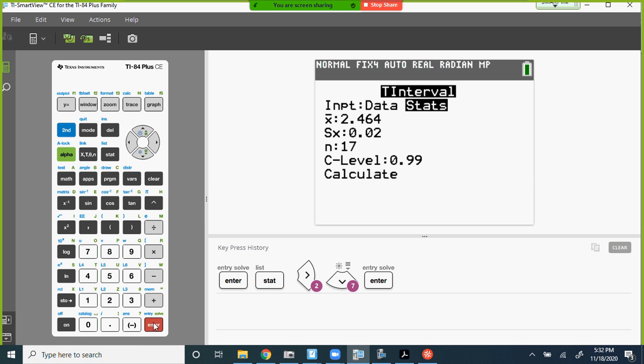If I hit enter, there are things I've got to put down: x bar, which is the mean of the sample, the standard deviation of the sample, the number in the sample, and then our confidence level, the C level, as a decimal. Those are the 4 things I must put in, and those are the 4 things they're going to provide to you, which is pretty cool.